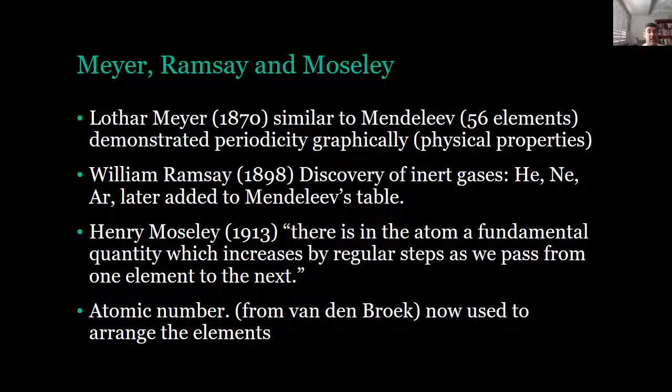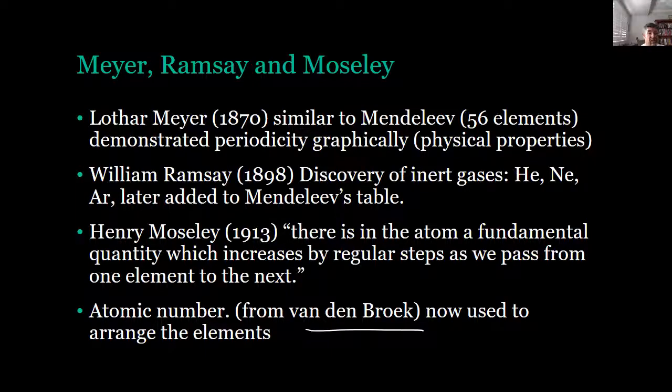Henry Moseley was working from a theory of van den Broek, who said that we should actually be arranging these on some different criteria rather than atomic weight, and he said that there should be a consistent number. Moseley carried out some experiments with X-rays and found, in his words, there is in the atom a fundamental quantity which increases by regular steps as we pass from one element to the next.